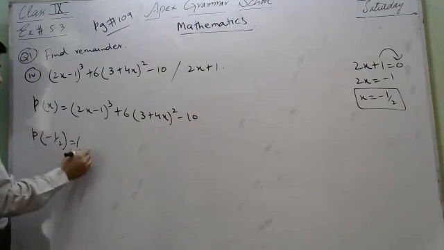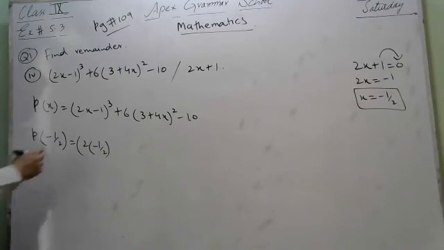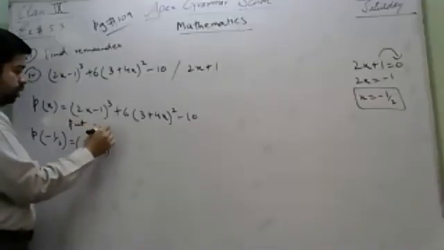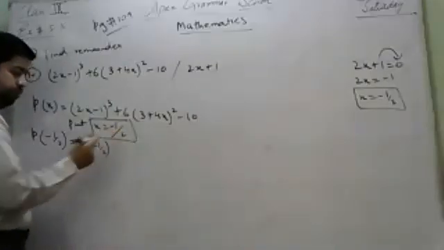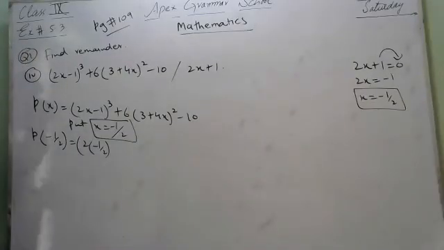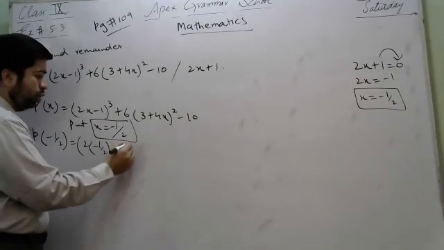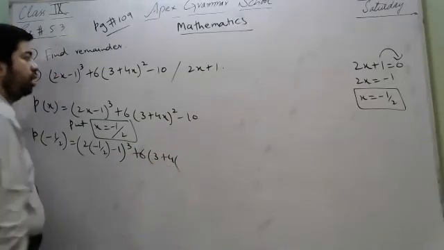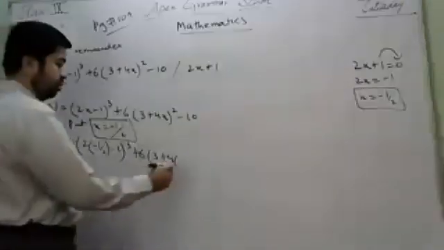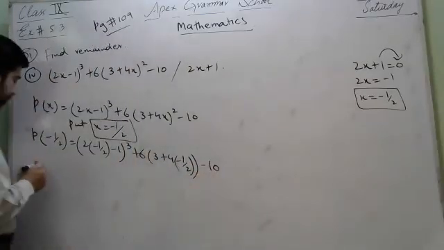Put x is equal to minus 1 over 2 wherever it requires the value of x. So p of minus 1 over 2 is 2 into minus 1 over 2 minus 1 whole cube plus 6 into 3 plus 4 times the value of x, which is minus 1 over 2, then minus 2.